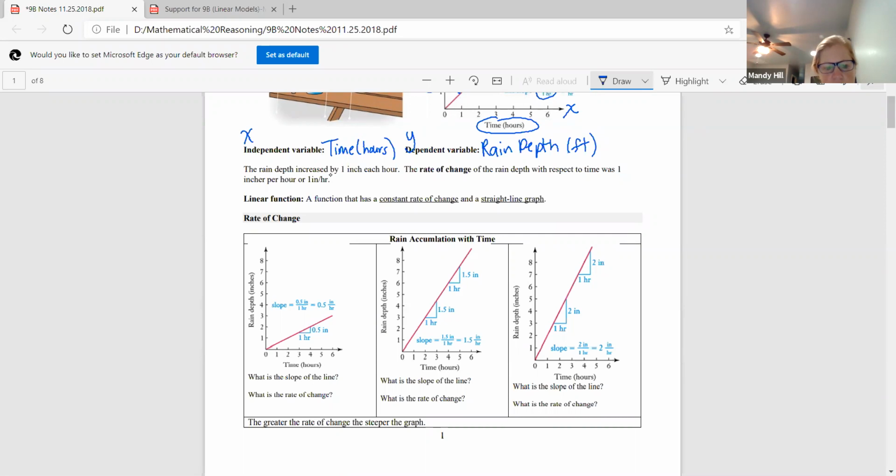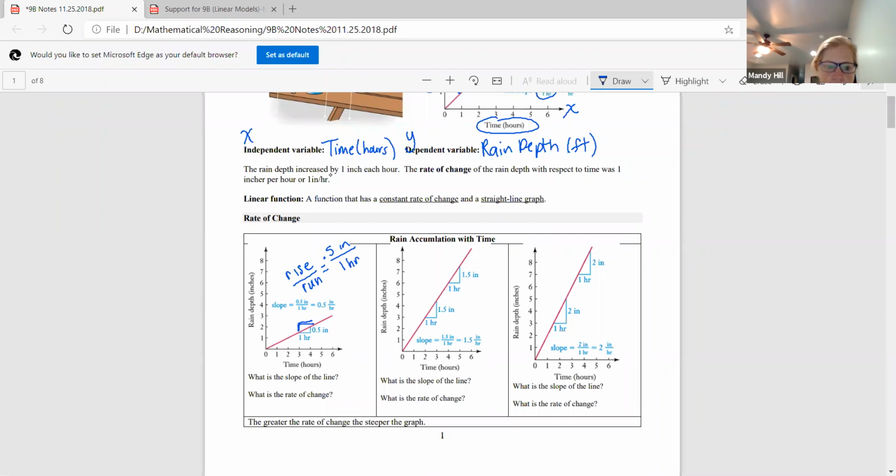It says, what is the slope of the line? And we talked about how it's rise over run. They draw it underneath, but I like to draw it on the top. So you go up 0.5, or half of an inch, for every 1 hour when you go over to meet the line.